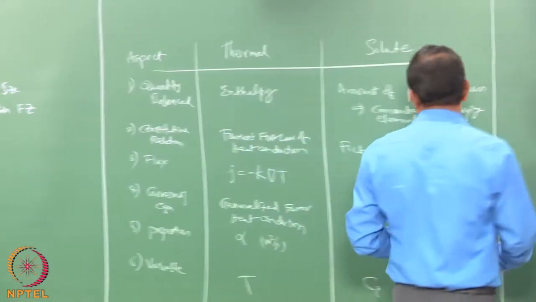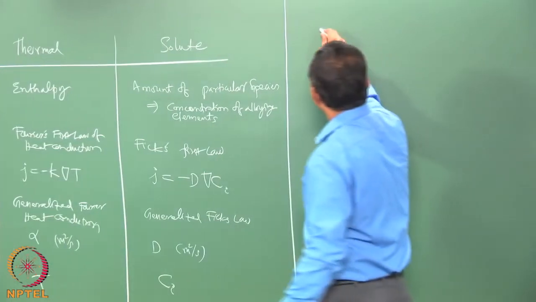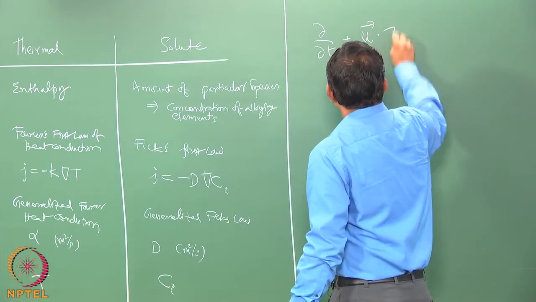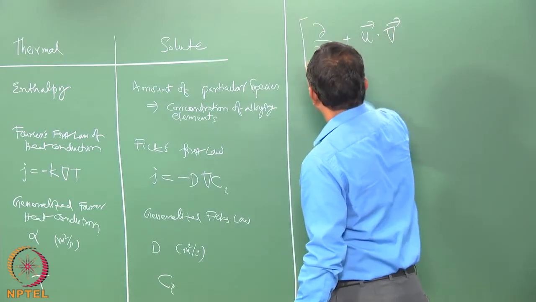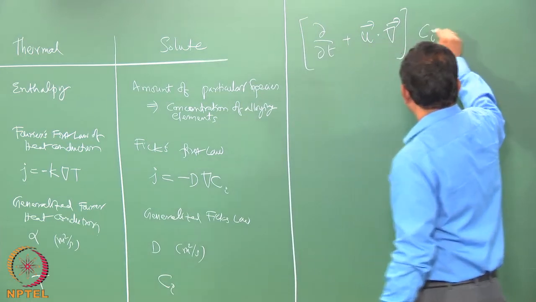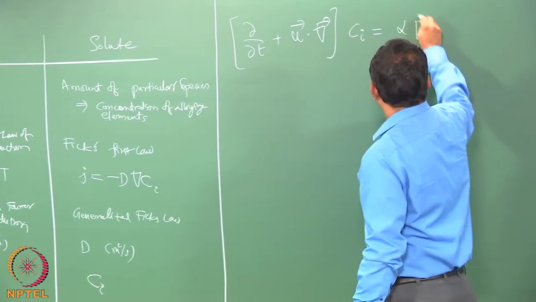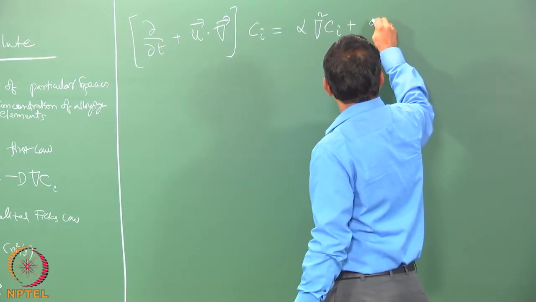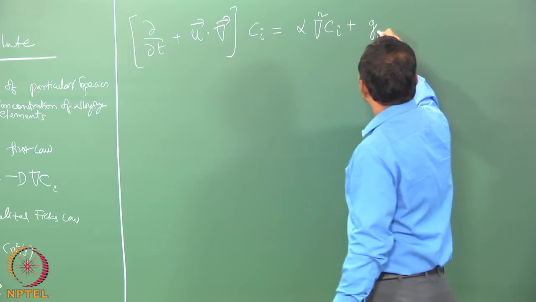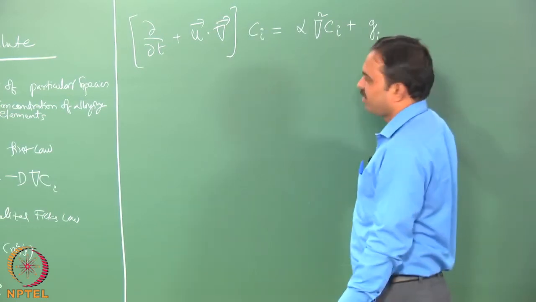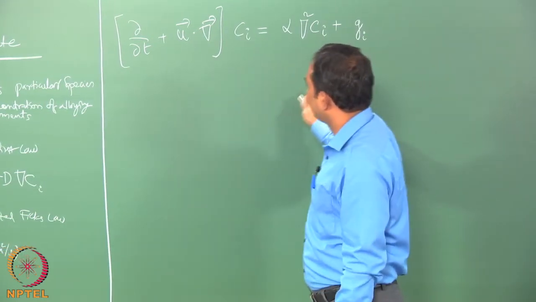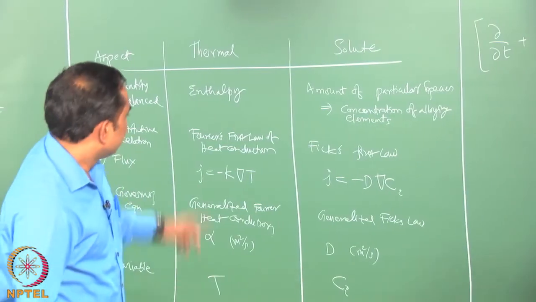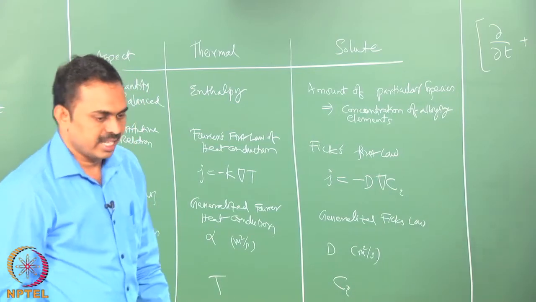So, we could write that and then see how it looks. Here is what I have written, the generalized expression, and the meaning of the different terms as we can relate with the mapping is like this.